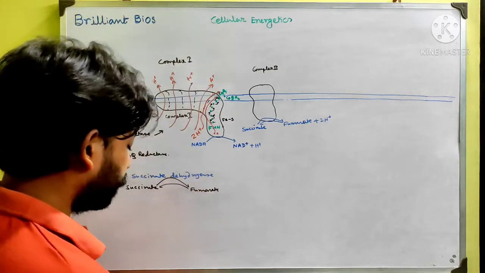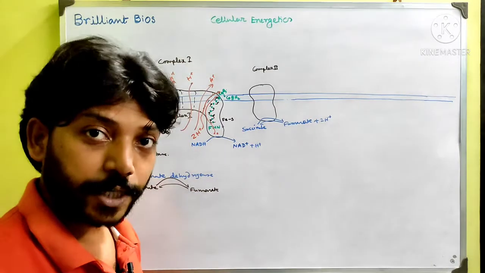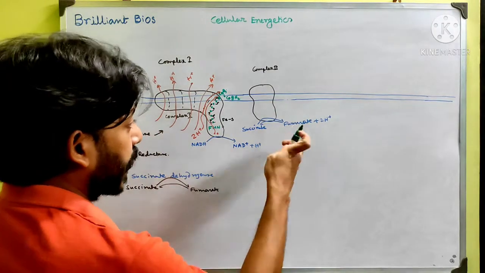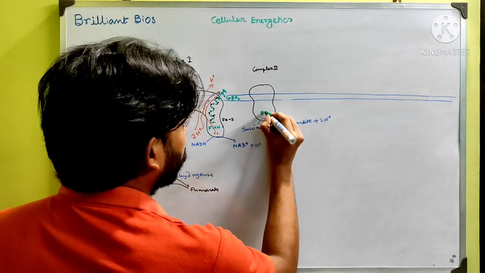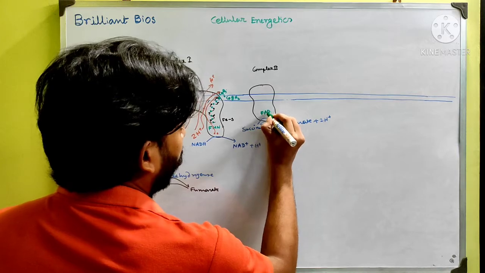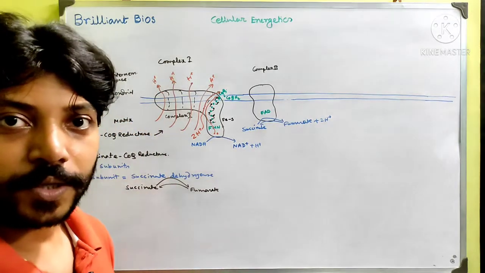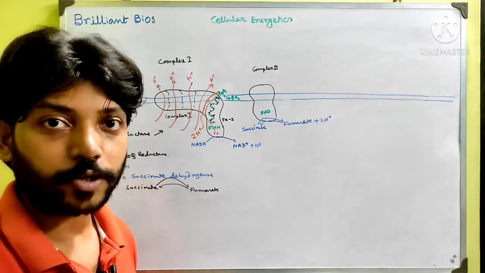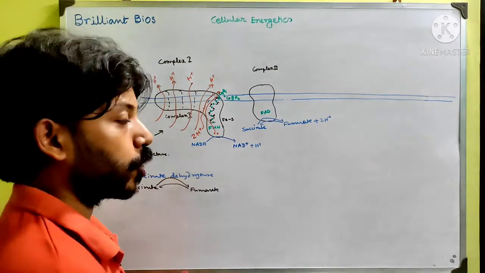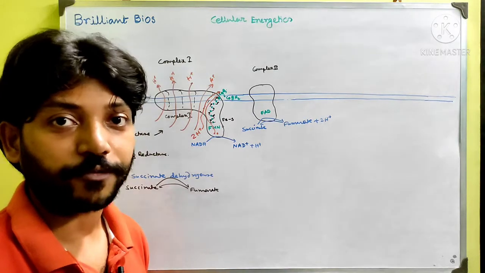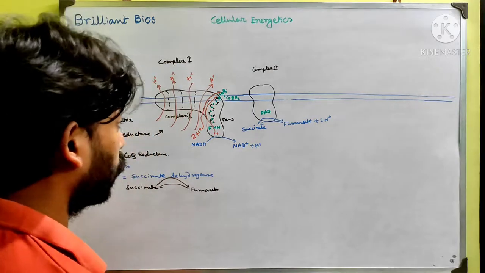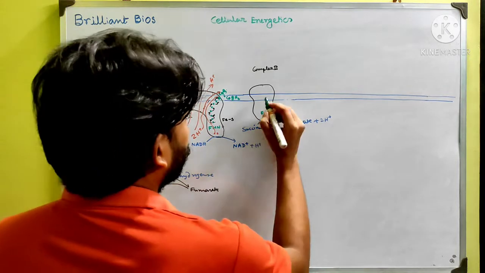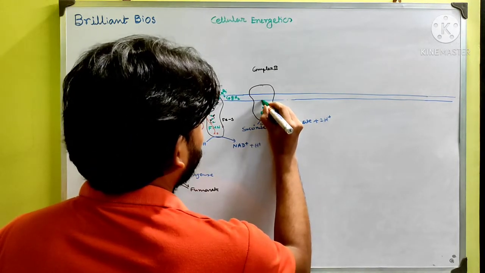The high energy electrons released by this reaction are taken by a cofactor or coenzyme called FAD. This FAD receives 2 high energy electrons, and along with 2 protons it is reduced to FADH2. Then there are iron sulfur clusters present.